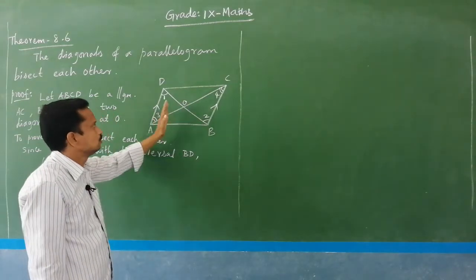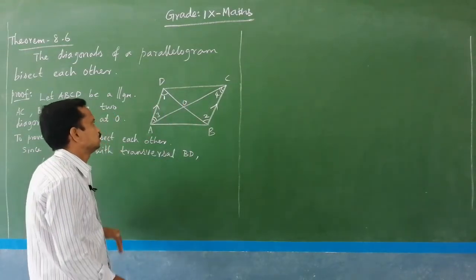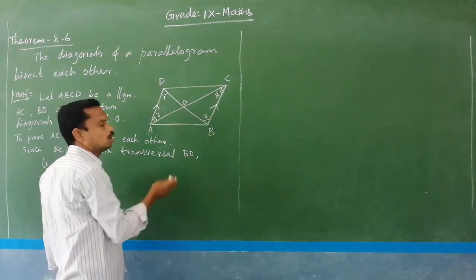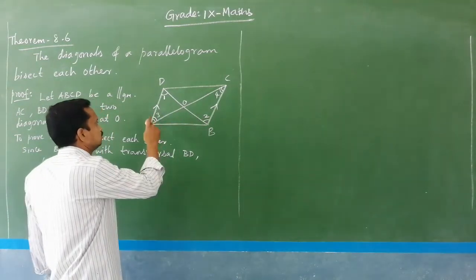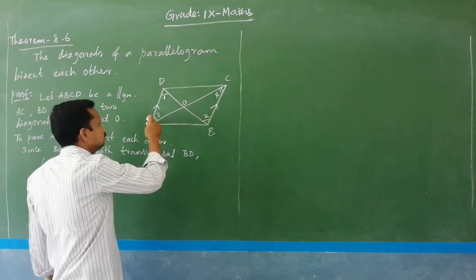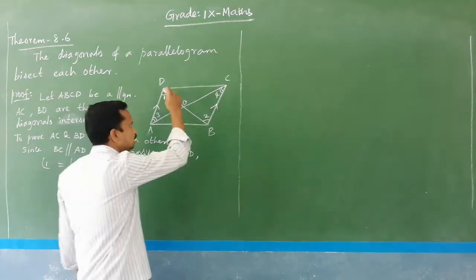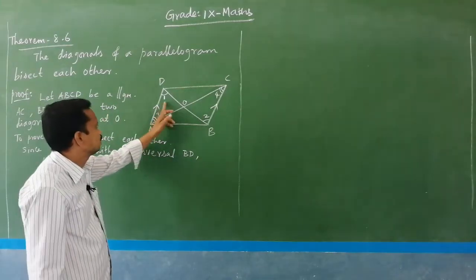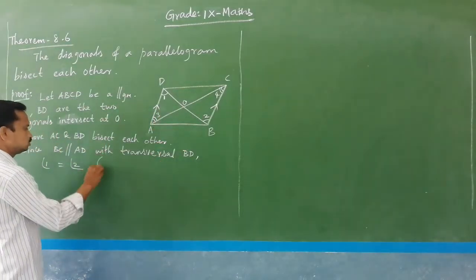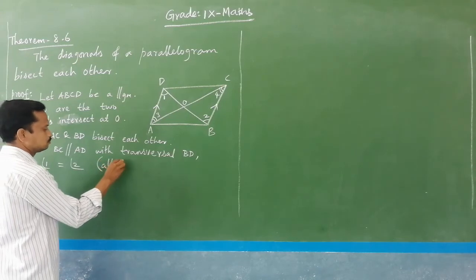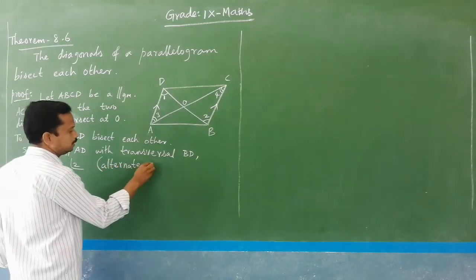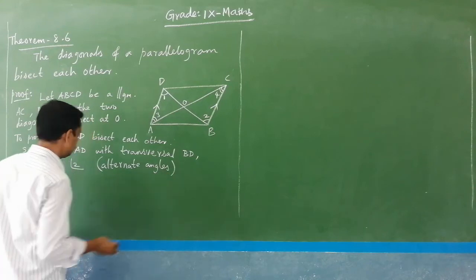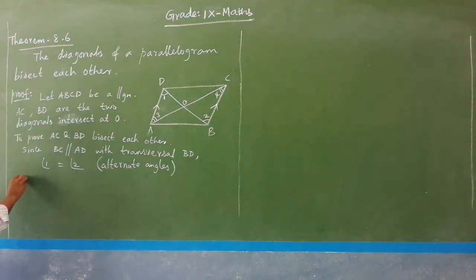So, BD is a transversal, therefore, angles 1 and 2 are alternate interior angles. The transversal meets AD and the parallel side BC, so angle 1 and angle 2 are equal, since they are alternate angles.